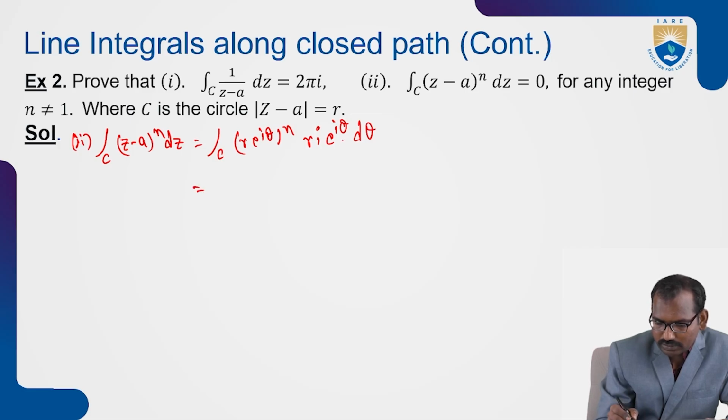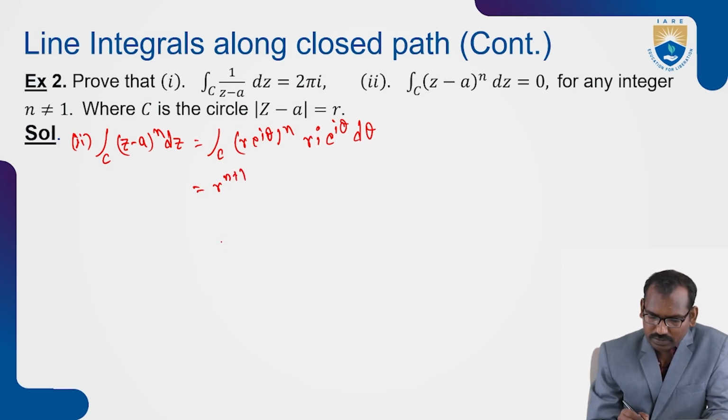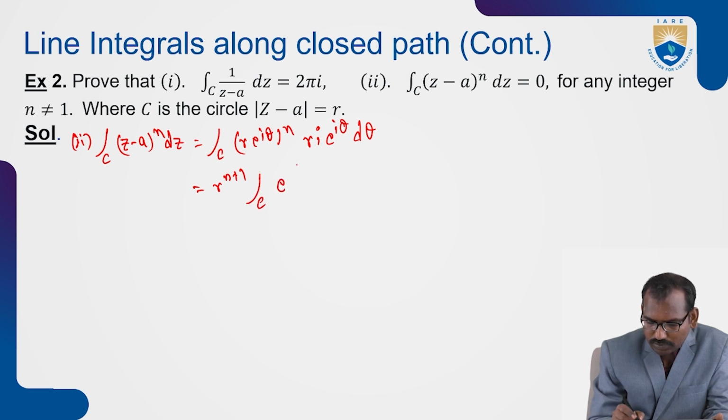So I can write it as r power n plus 1, integration along C of e power i times (n plus 1) times theta. So there is i also here.